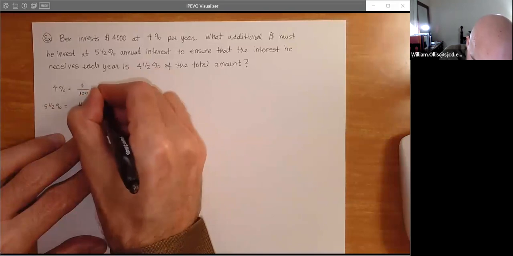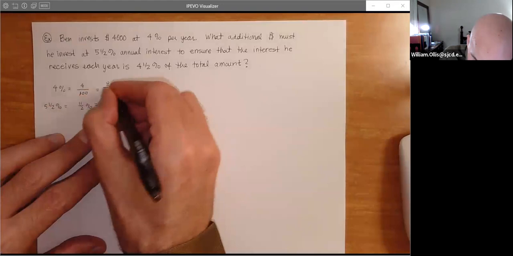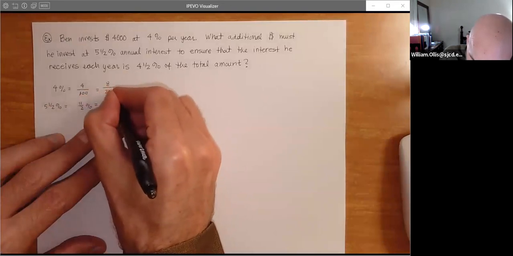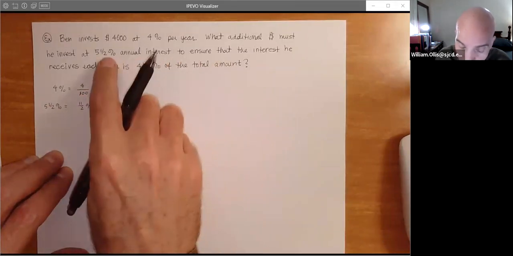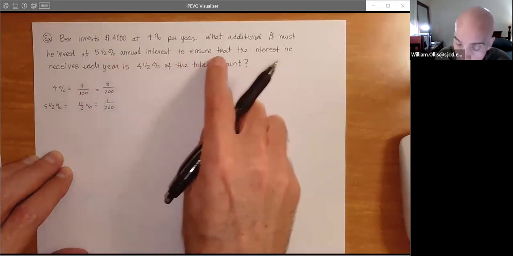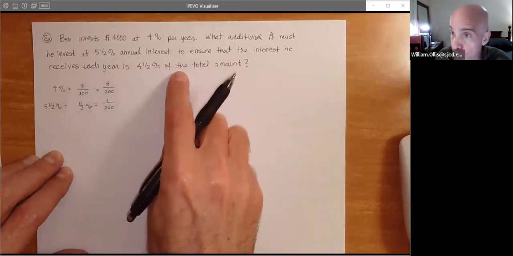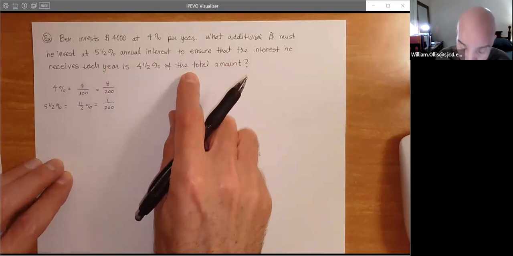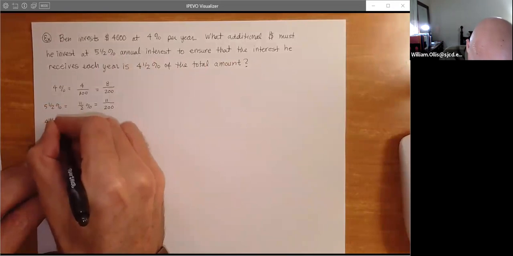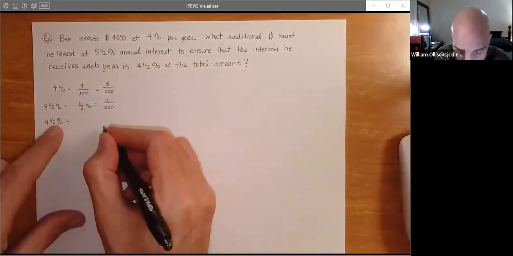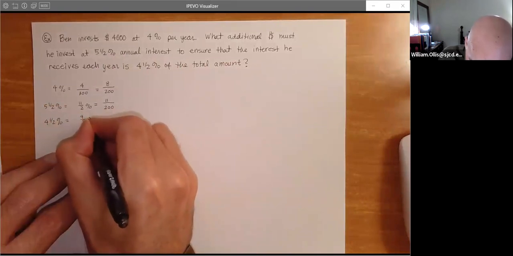Now, if we're thinking common denominators, let's go ahead and get a common denominator and multiply and divide by 2, 8 over 200 there. And then it says additional amount at 5.5% annual interest to ensure that the interest he receives each year is 4.5% of the total amount. Okay, well, let's go ahead and write that as a fractional equivalent. So again, that would be 8 plus 1, so that would be 9 halves.